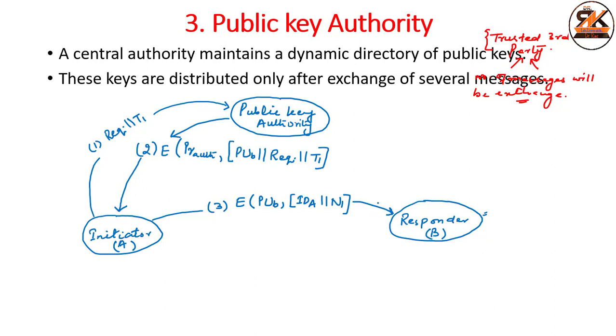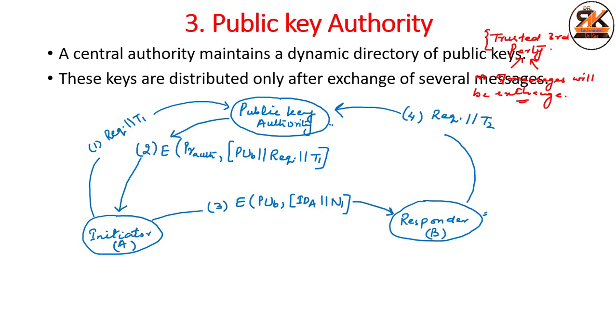Okay, and after receiving this message, Bob comes to know that Alice wants to communicate, and then Bob will send a request message as message number 4, the request message appended with the timestamp t2. Bob will send this message to the third party, and this request is for obtaining the public key of A, the public key of Alice.